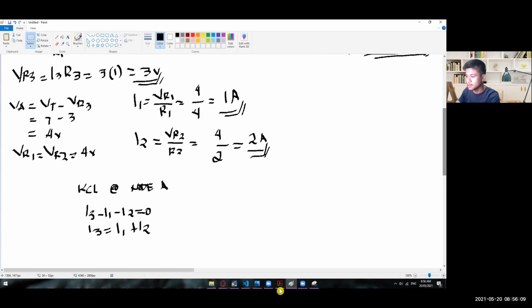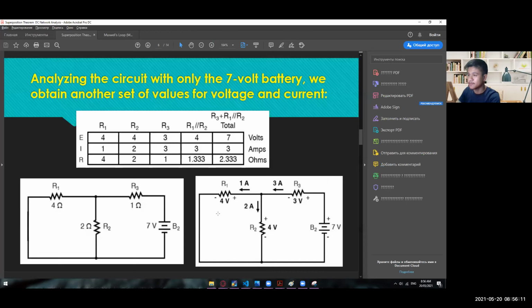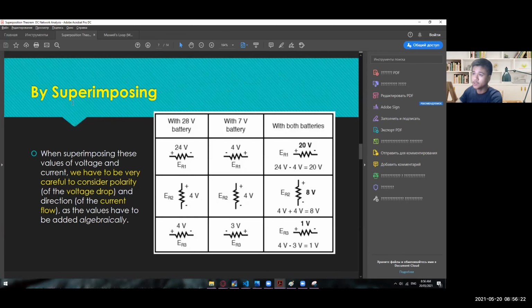All right. So once you already have the results in the first set and then the second set, you can now combine them. Again, once you combine them, we call that superimpose. So when superimposing these values of voltage and current, we have to be very careful to consider the polarity of the voltage drop and the direction of the current flow, as the values have to be added algebraically.